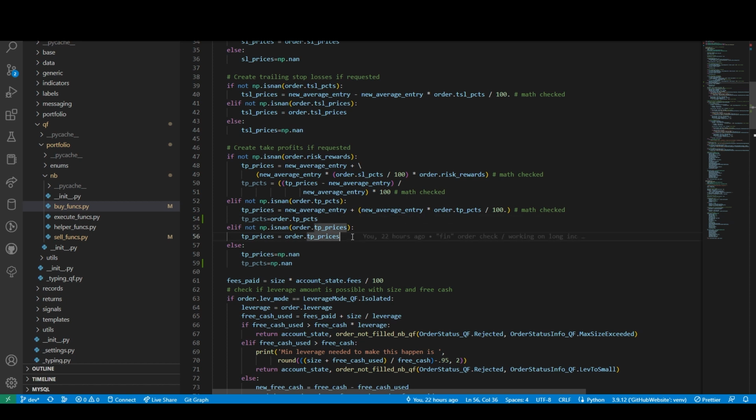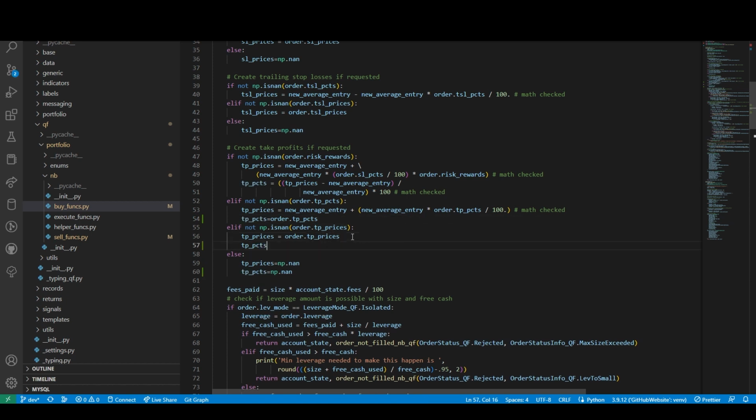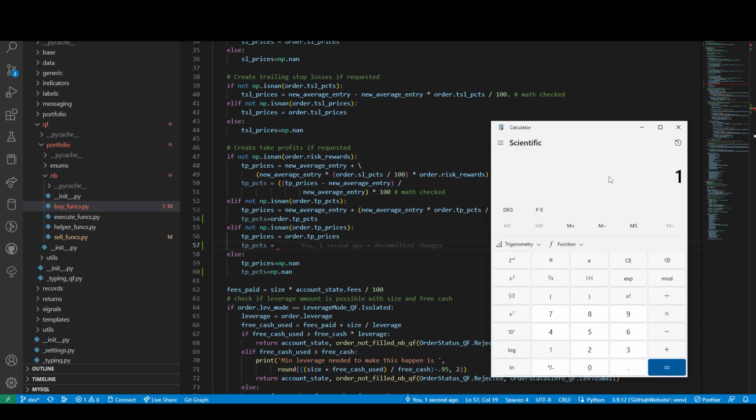And then this, we have to figure out what the percentage actually is. Is that as easy as just saying something like 1500 divided by 1000, minus 1? Is that the way you do it?